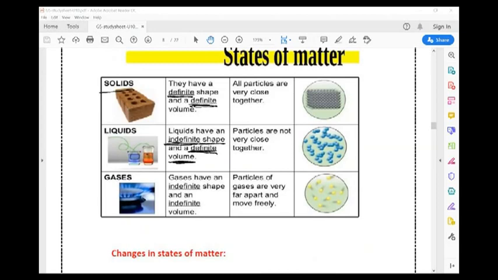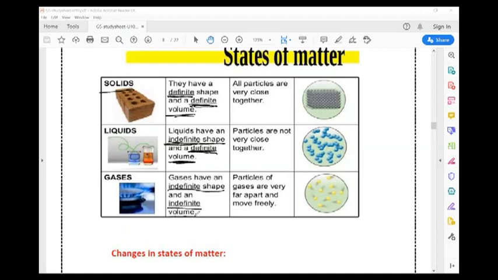It means the shape of liquids changes from one container to another container, but its volume is definite, like the solid state. But the gaseous state has indefinite shape and indefinite volume. It means their shape and their volume change from one container to another container.